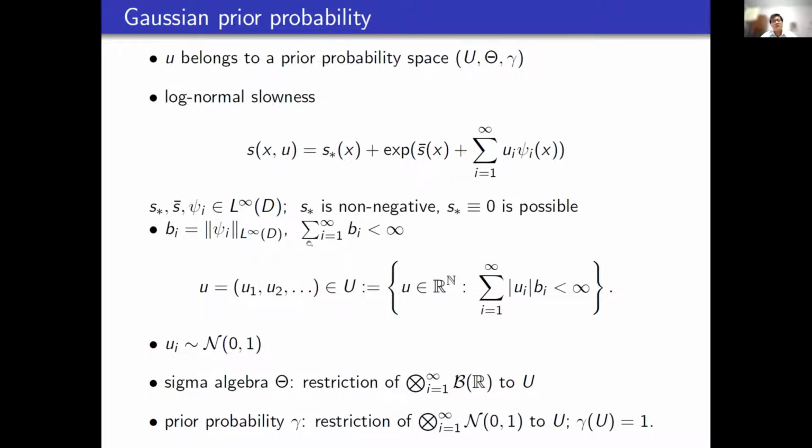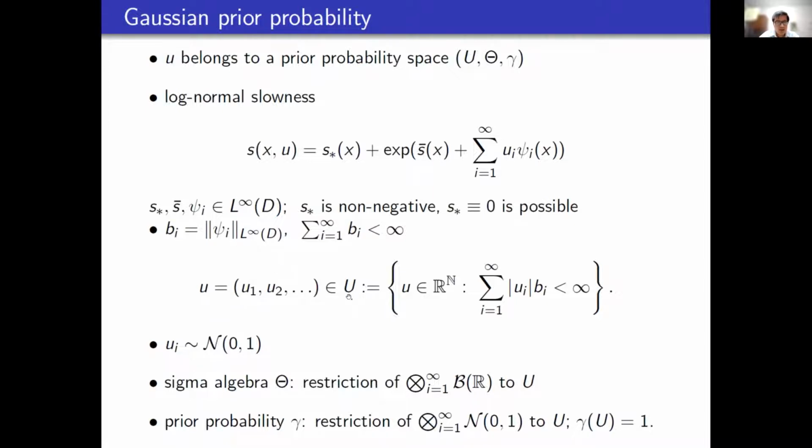Here we suppose that the summation of all these bi when i goes from 1 to infinity is finite. So the big U is the set of all these u1, u2, and so on, such that the sum of the absolute value of ui times bi is finite, where bi is the L infinity norm of ci.